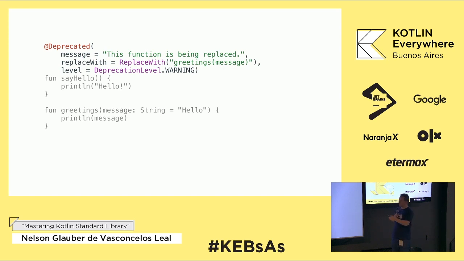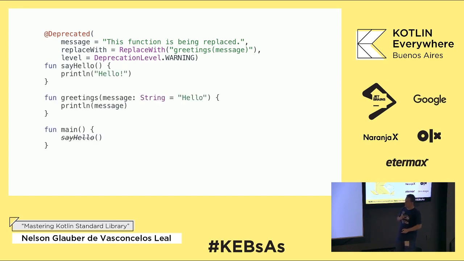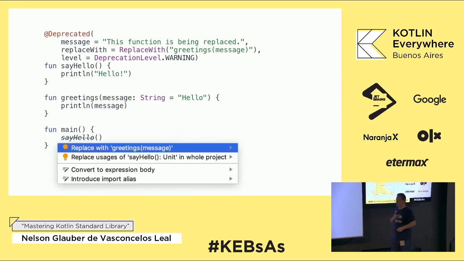If the user tries to use the sayHello function, they will receive this message: replace with greetings. And if you click here in IntelliJ, it will replace your old function with your new function. So when you are using Android and you see a deprecated function, this is how things are made. Okay?